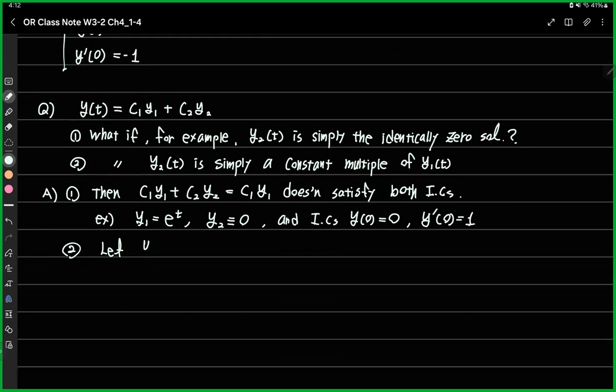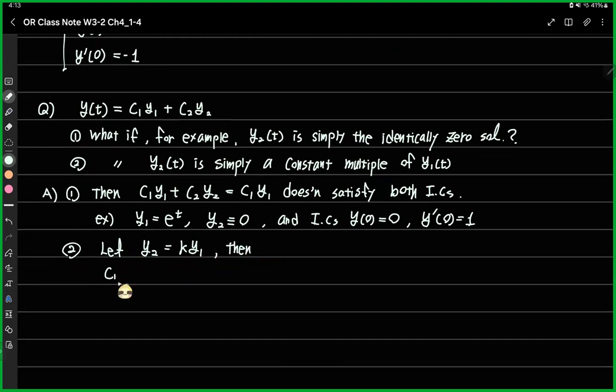So let's say y2 is equal to k times y1, which means k times y1. Sorry, I just made a mistake.